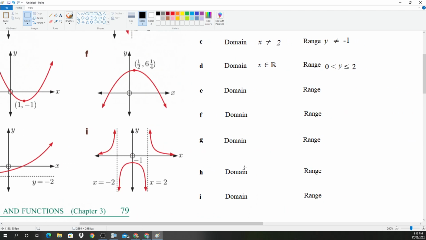And for I, the domain is, let's do that one.